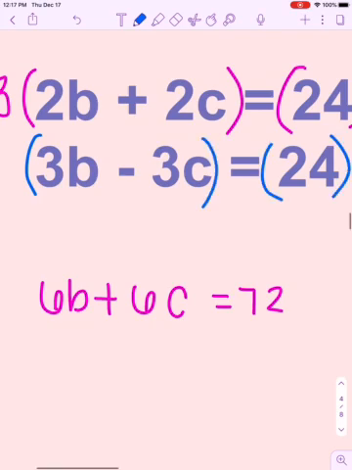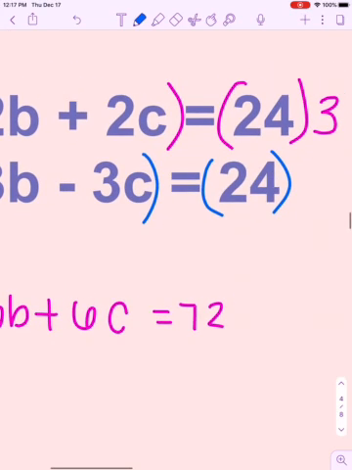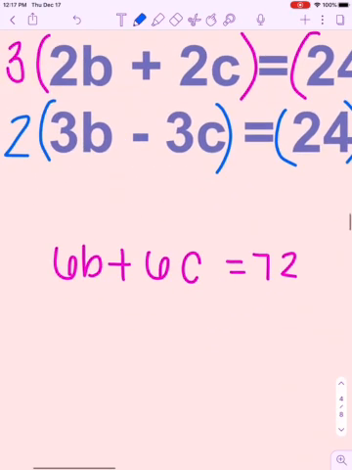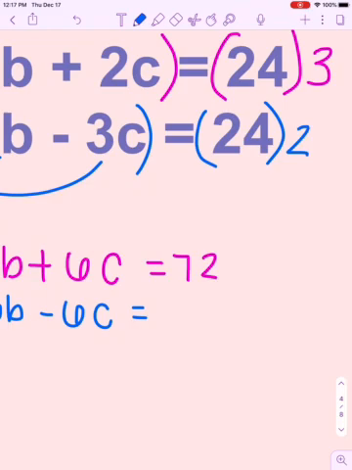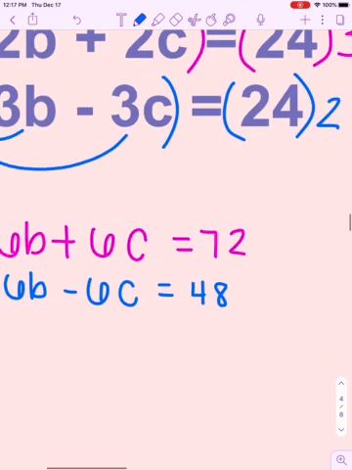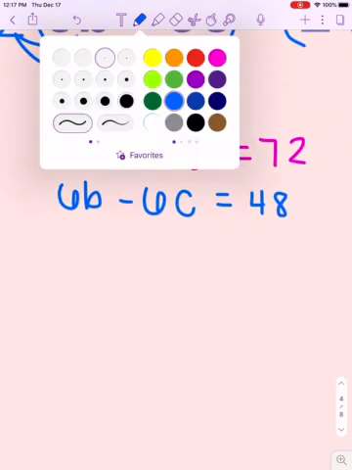Then I'm going to come down here and I'm going to say, okay, what do I have to do to turn a 3 into a 6? I have to multiply it by 2, so everything in this equation gets multiplied by 2. So 2 times 3b is 6b minus 2 times 3c is 6c equals 24 times 2, which is 48.